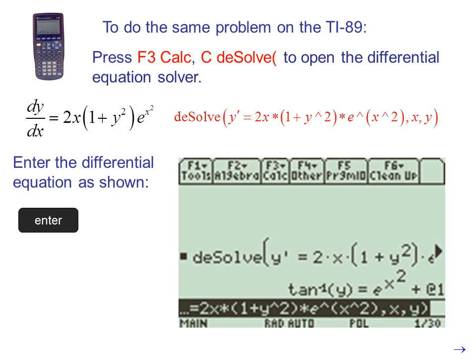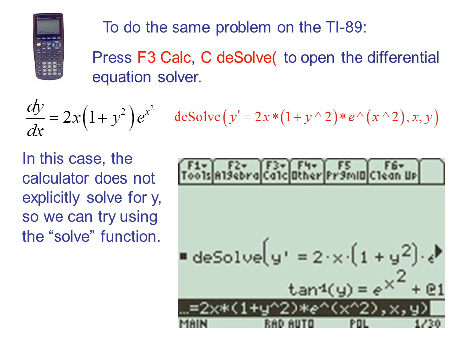We get inverse tangent y equals e to the x squared plus a constant. In this case, the calculator does not explicitly solve for y, so we can try using the solve function.